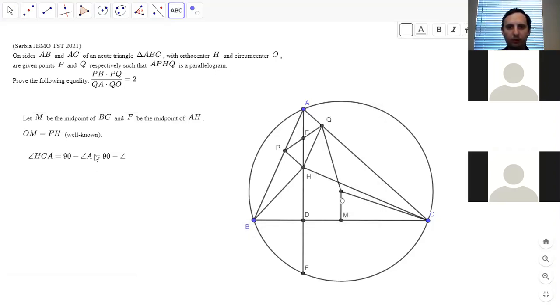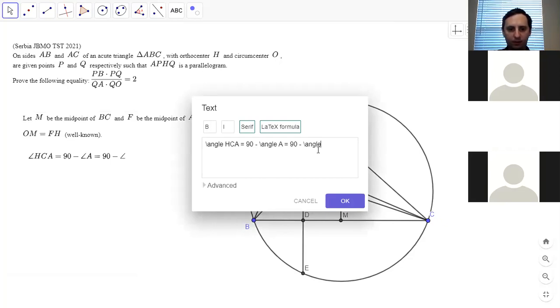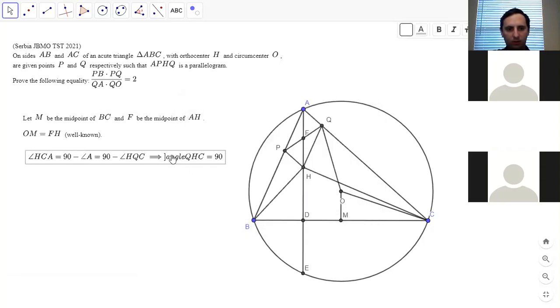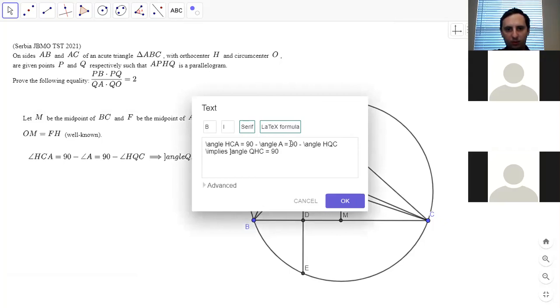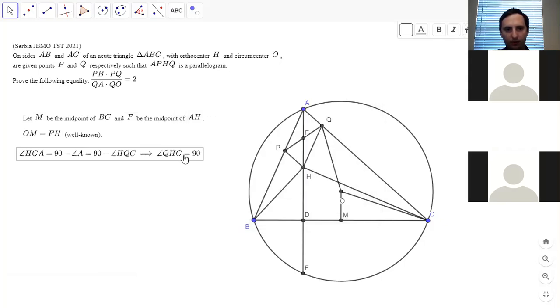So angle QHC equals 90. So from there we have triangle OMC is similar to triangle QHC.